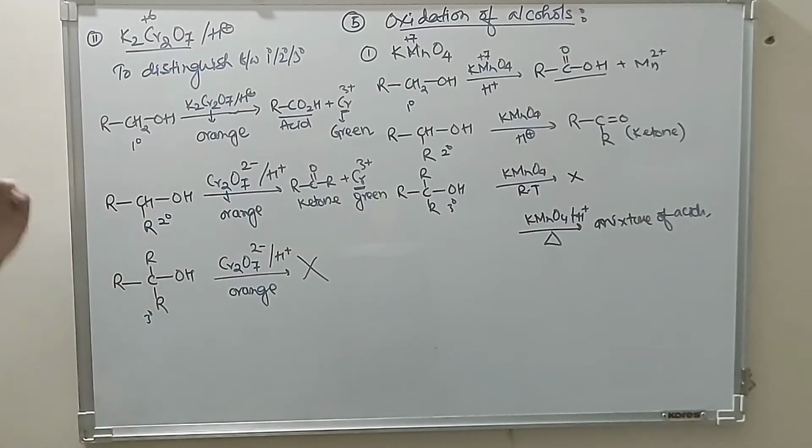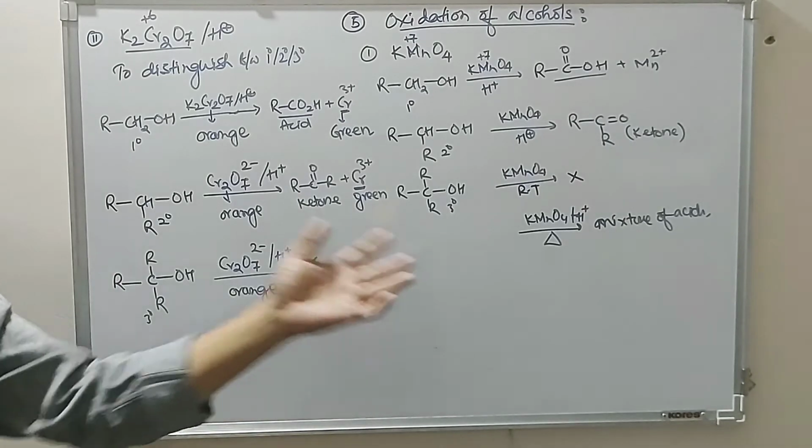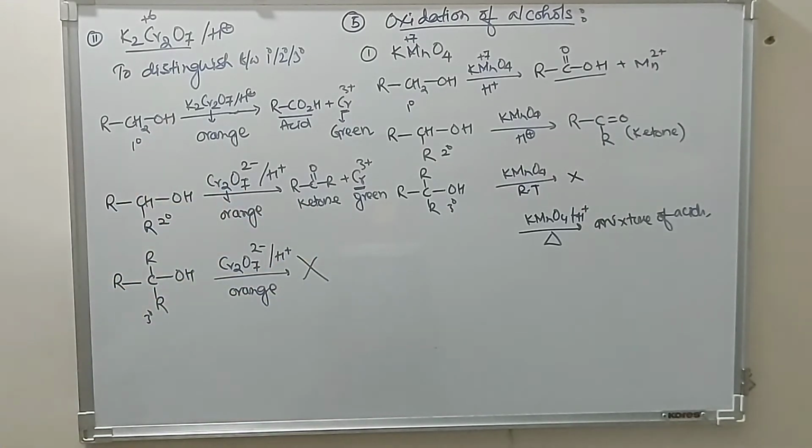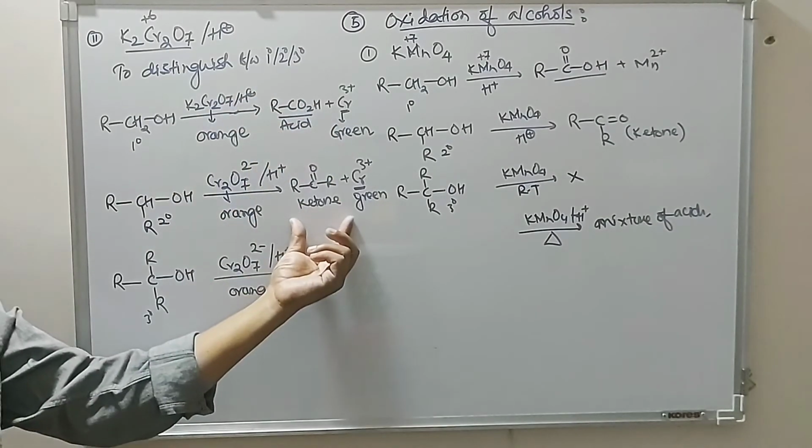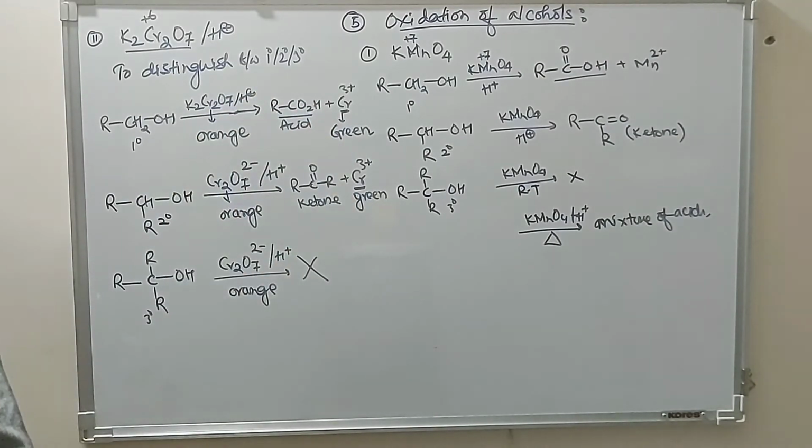If the color changes from orange to green, then the sample is primary or secondary. To differentiate between primary and secondary, we have to analyze the product. If the product happens to be acid, then the starting alcohol is primary. If not, the starting alcohol is secondary. So this is how to distinguish between primary, secondary and tertiary.